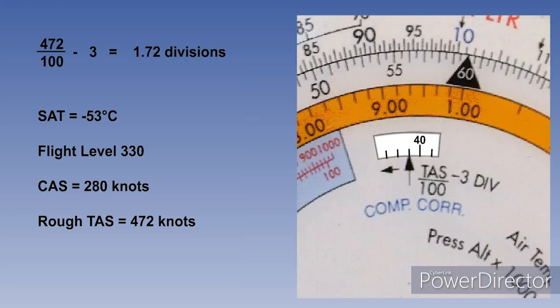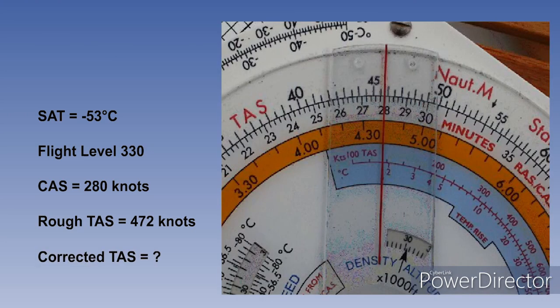Now we have to correct again for compressibility. 472 over 100 minus 3 comes to 1.72 divisions. Move the index 1.72 divisions to the left. And as before, read off the corrected TAS on the outer scale against the new position of 280 knots CAS on the inner scale.